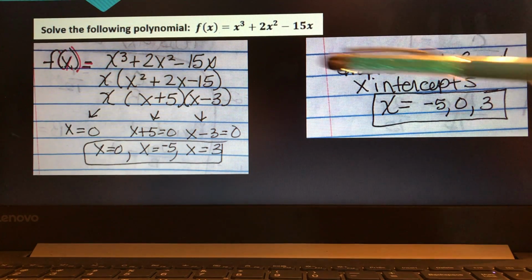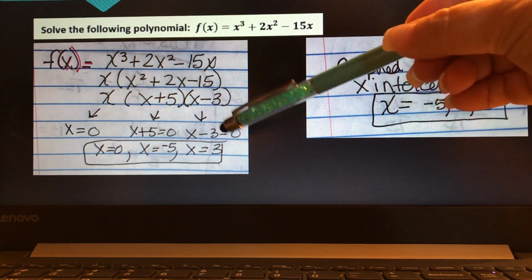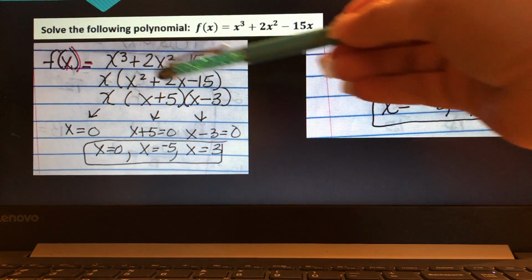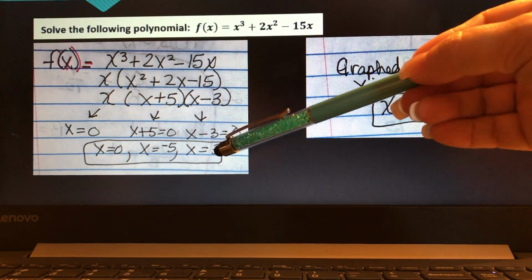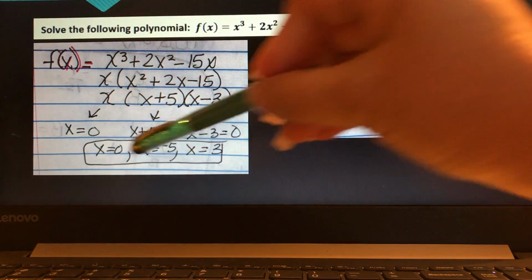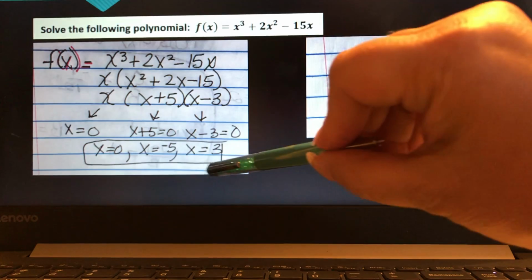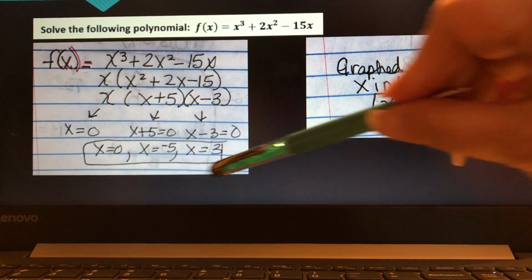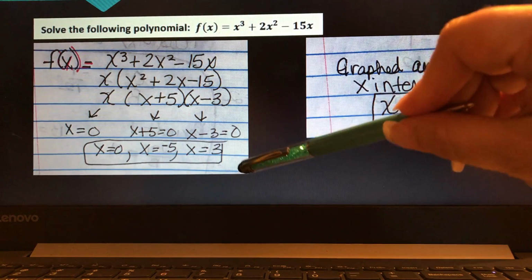First off, some of you chose the algebraic approach. You factored out the x and then factored. A couple of you did synthetic division, and you found that your solutions, your x-intercepts, your roots were 0, -5, and 3.